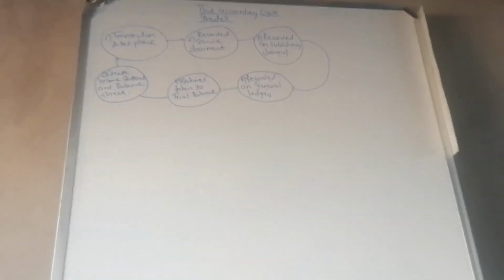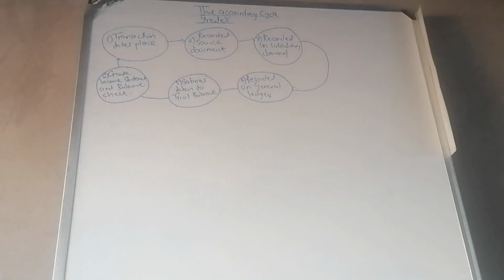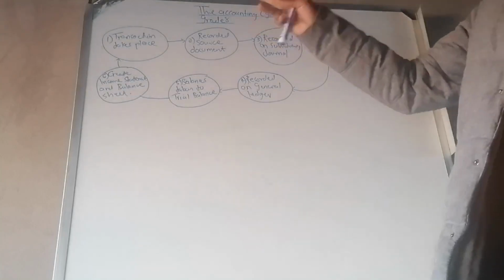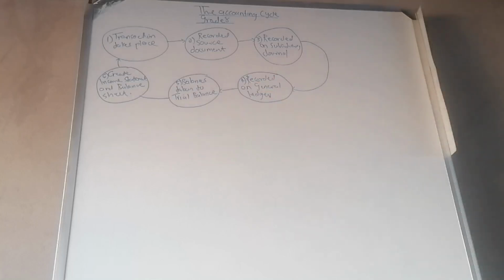And then we spoke of many examples of how these transactions take place, like the example of a Shoprite till slip with the total amount of money, using that as a source document. And then once that transaction is recorded on a source document, the accountants will take that information and record it on a subsidiary journal.